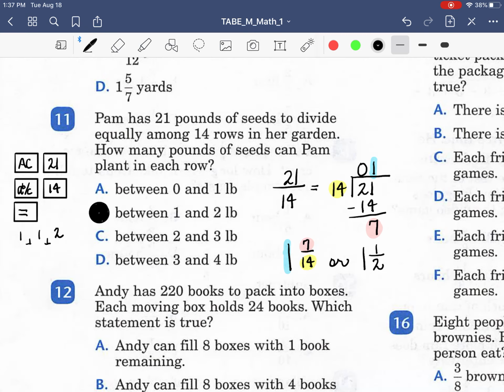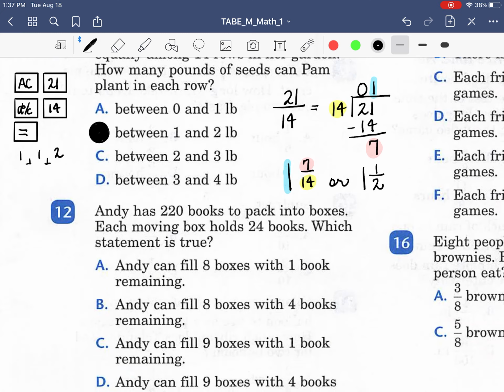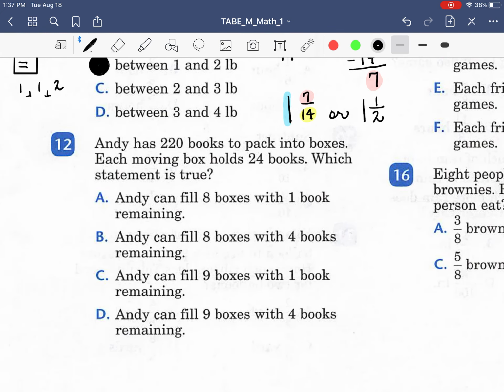Andy has 220 books to pack into boxes. Each box holds 24 books. Which statement is true? So I'm going to say 220 divided by 24.